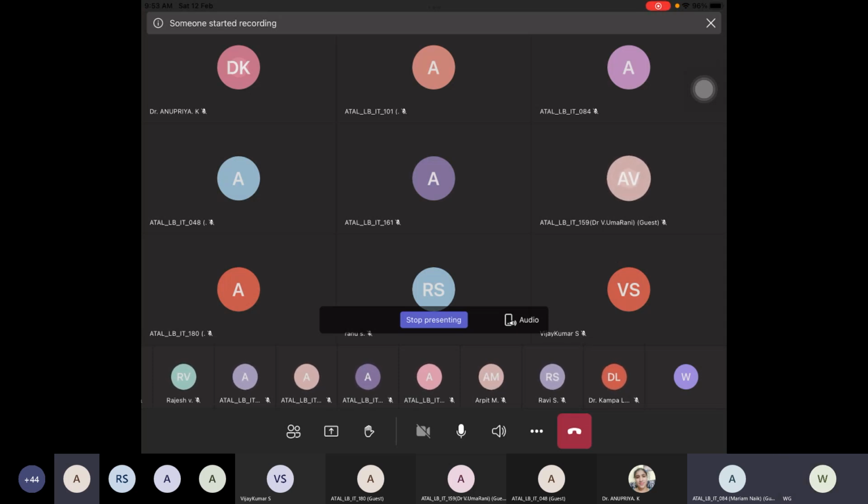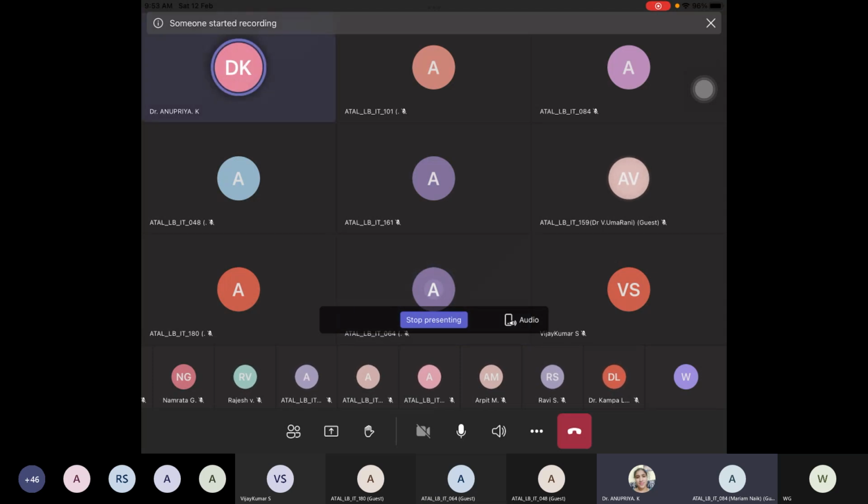How do I send a message? If I want to share the link for the Google Colab, how do I do that? Sir, we can copy the link in the chat box, but the owner of the team has disabled this chat box. So only the organizer can enable the chat box. Sir, you can forward it to Lavanya ma'am. Ma'am will post. Okay.